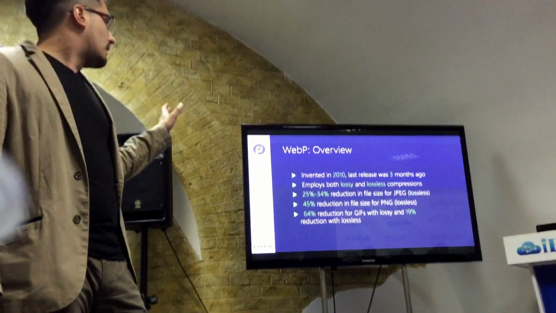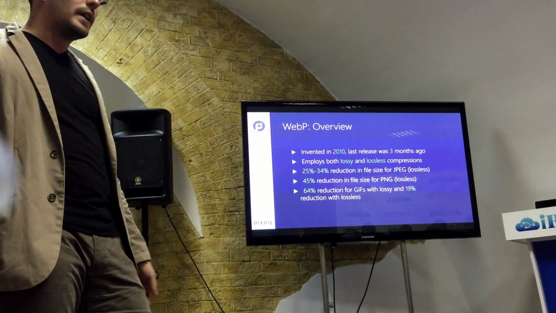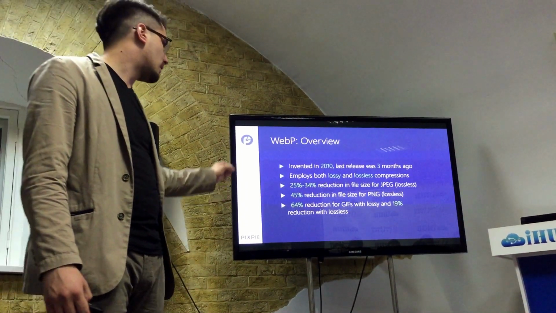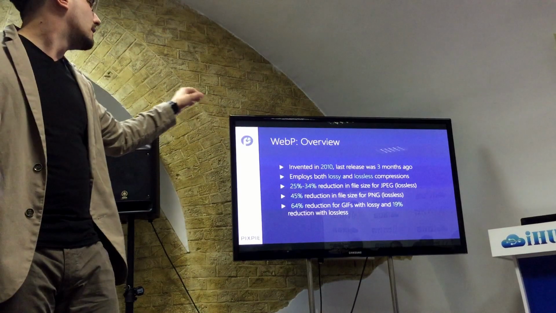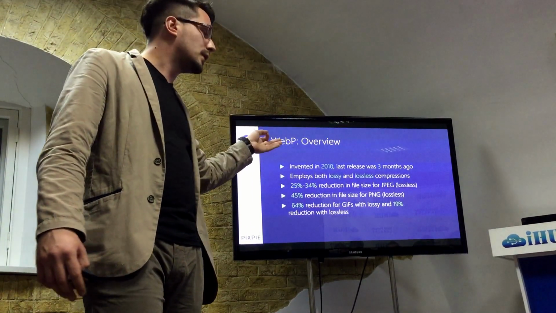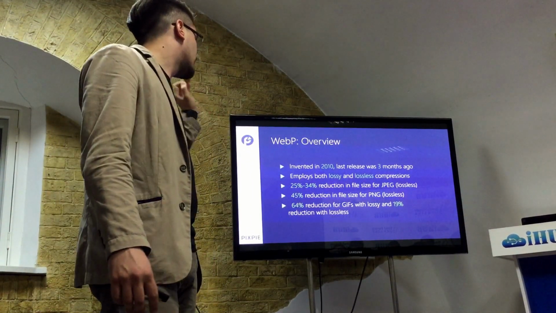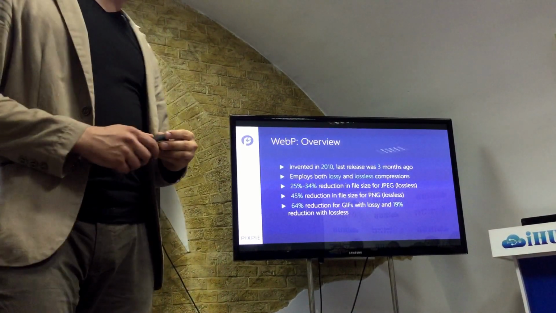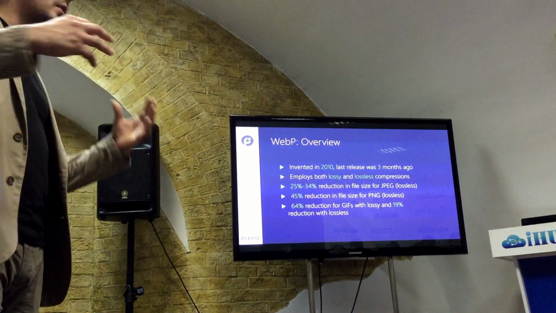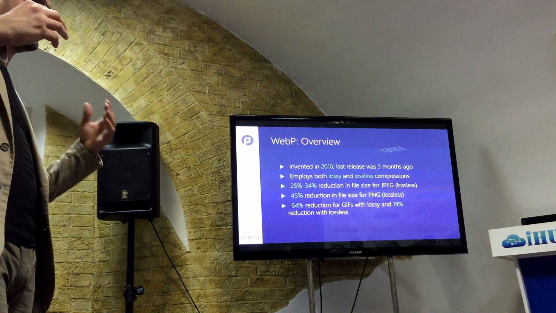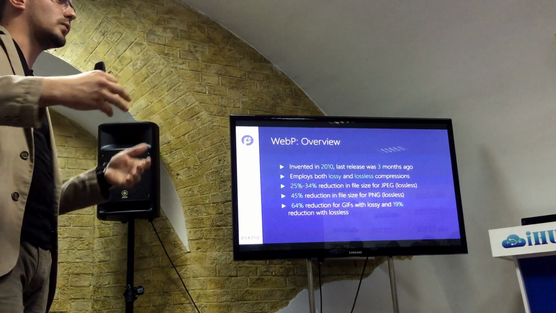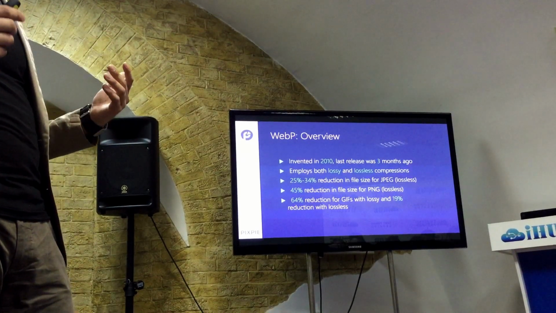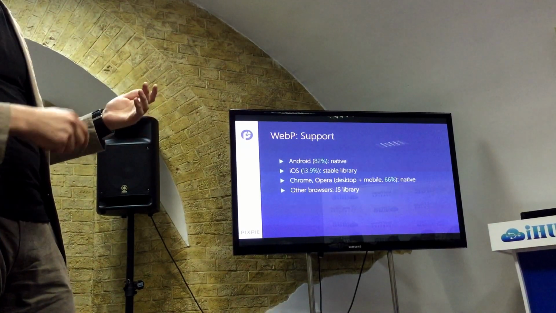On average, it's about a 30% reduction in the file size during lossless compression for JPEG, about 45% for PNG, and 64% for GIFs with lossy, and 19% for lossless. So, when we're talking about terabytes of data, it's a really big reduction of the traffic. And I think it is the future, and it will work for all of us.